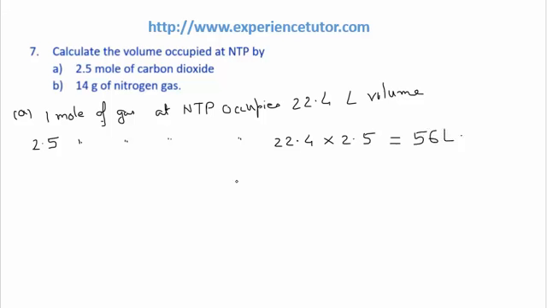The second part of this question is 14 gram of nitrogen gas. So 1 mole of nitrogen gas is 28 gram of nitrogen gas.